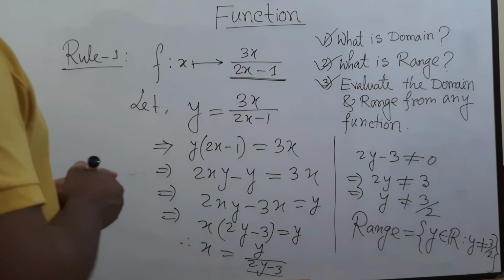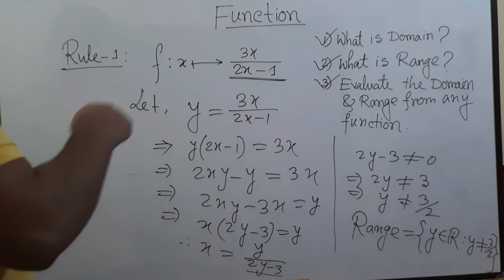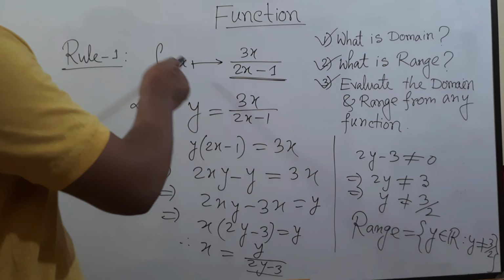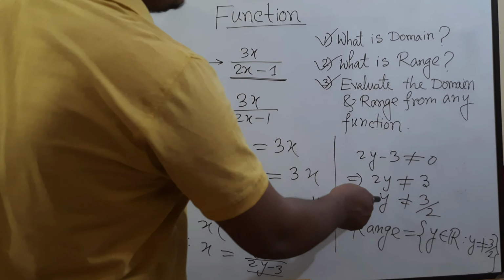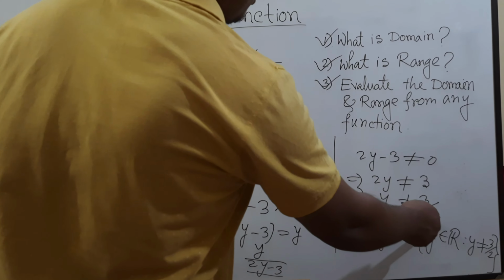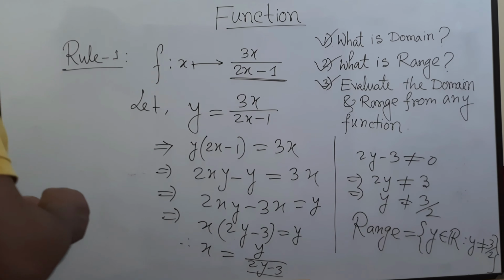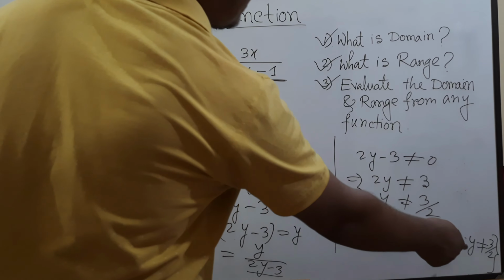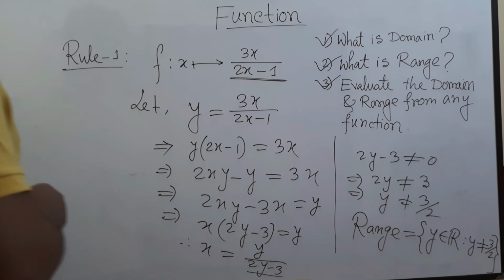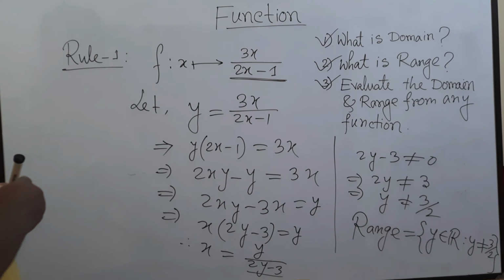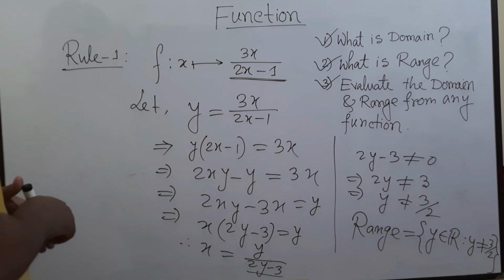That means if we put any value of x, we cannot find the value of y as 3 by 2. So the range of this function is all real numbers except 3 by 2. So in that way, we can easily find the domain and range of a rational function.